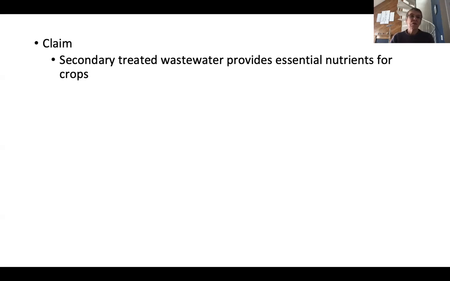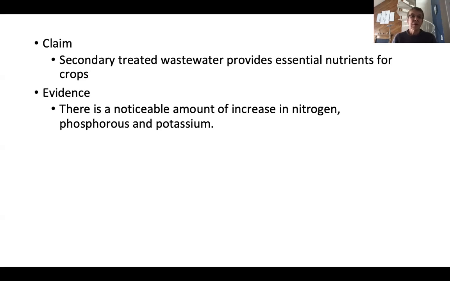Claim: secondary treated wastewater products provide essential nutrients for crops. Evidence: there's a noticeable amount of increases in nitrogen, phosphorus, and potassium. Again, these two things are not really linked as claimed as evidence. They're sort of in the same kind of thing, but the evidence, there is a noticeable amount of increase in nitrogen, phosphorus, and potassium.